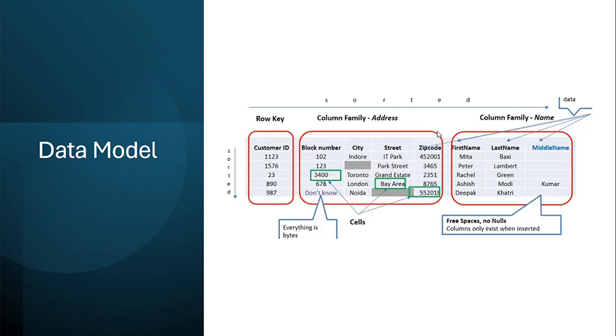One more thing, in HBase you can store any kind of data such as numeral values or text values, and HBase will not complain. For example, for the column qualifier block number, we are storing numeral values 102, 123, and for one of the customer IDs we don't know the block number, so we have inserted "don't know", which is a text value, but HBase will not complain.